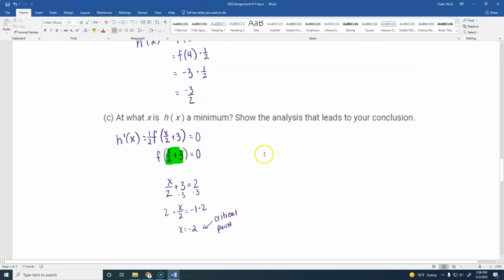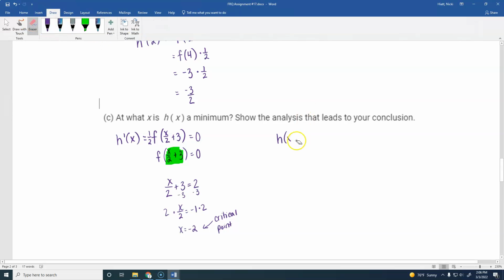We actually can find an exact value for this one. H of negative 6 is going to be the integral from 0 to negative 6 over 2 plus 3 of f of t dt.